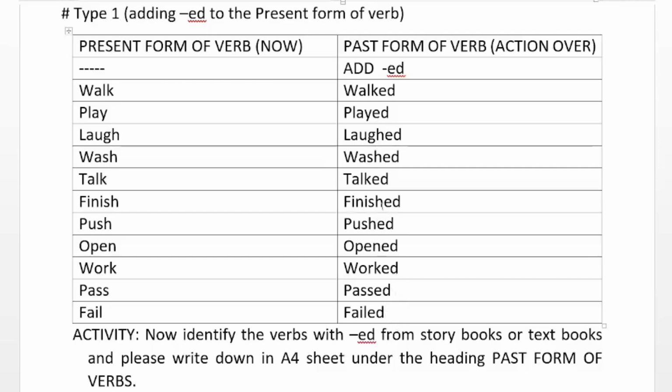Like that, you have to say the actions which are over, which have already finished.